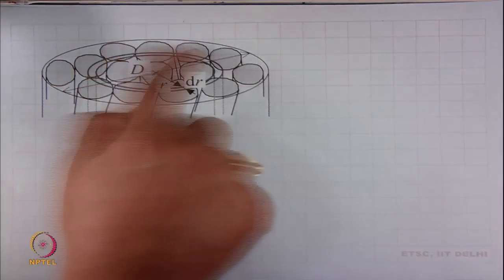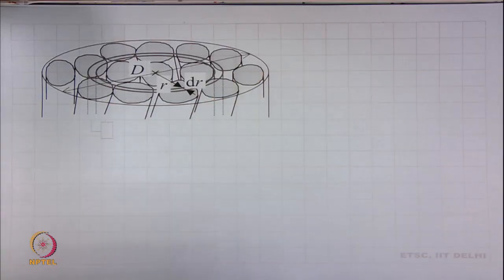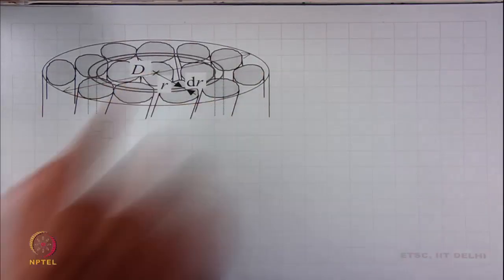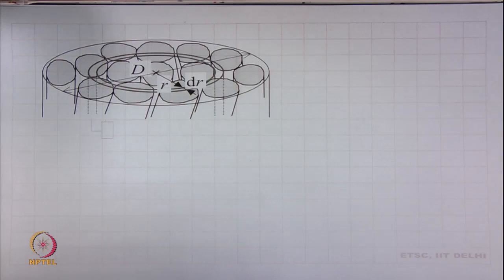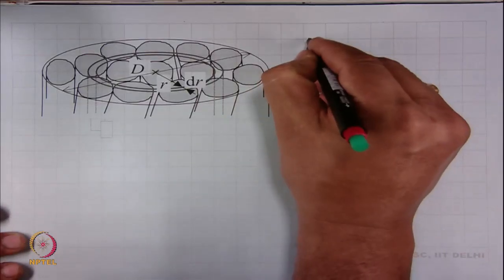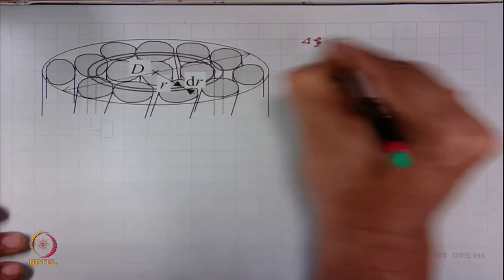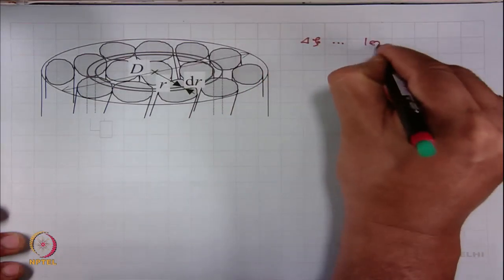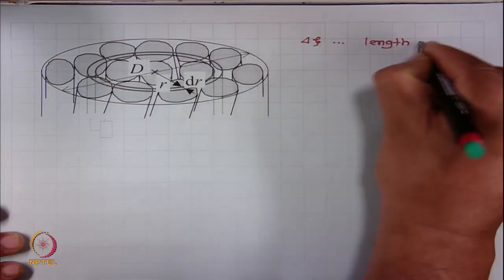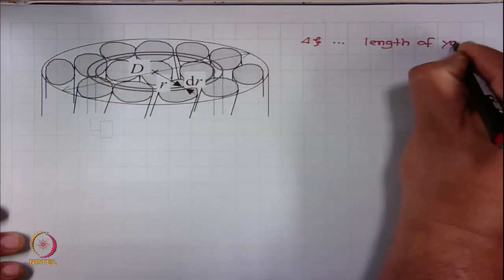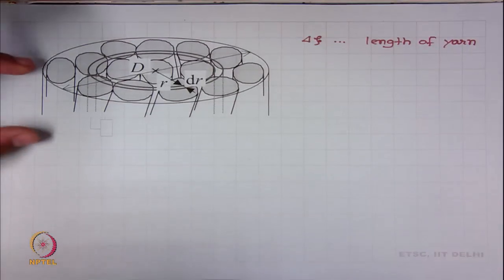There are many fibers present. The diameter of the yarn is D. We consider a small length of yarn, say elementary length delta zeta.